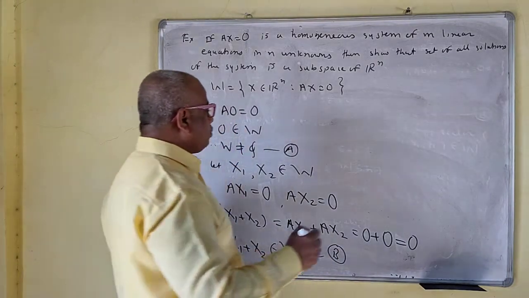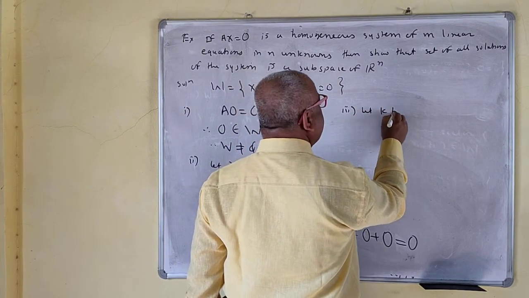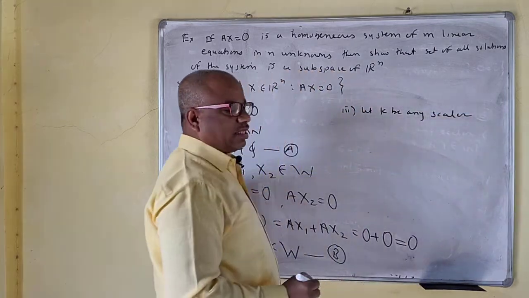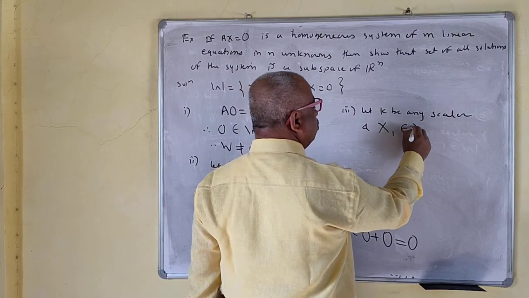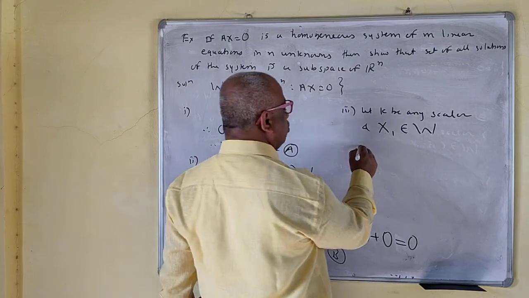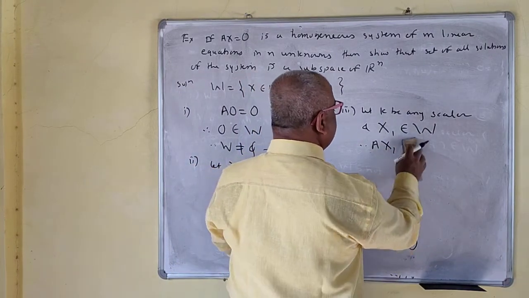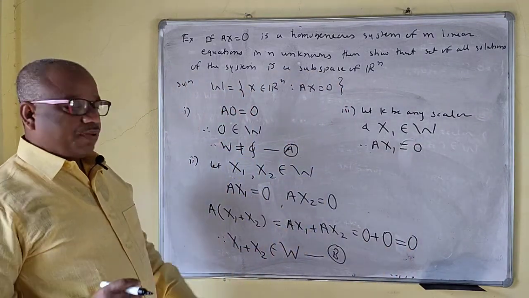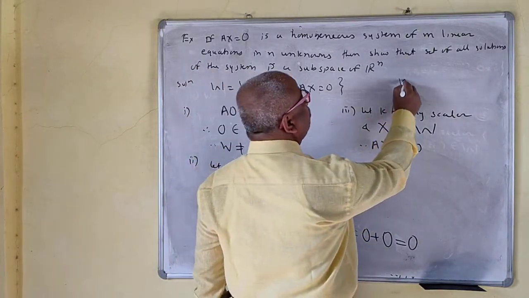Now the third one. Let K be any scalar and x1 belongs to W. So therefore Ax1 is equal to 0. So what do we want to prove? Kx1 belongs to W. This we want to prove.